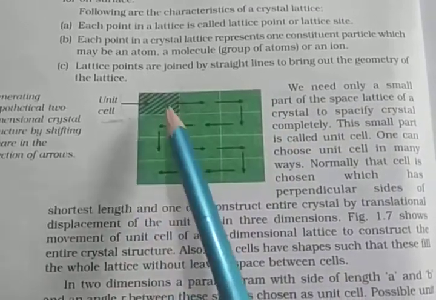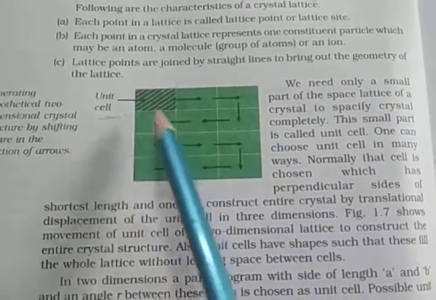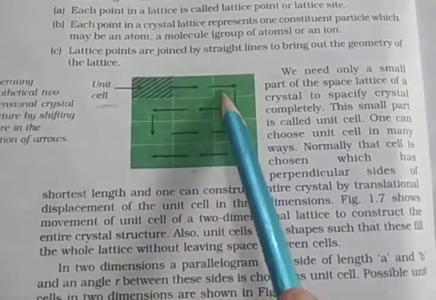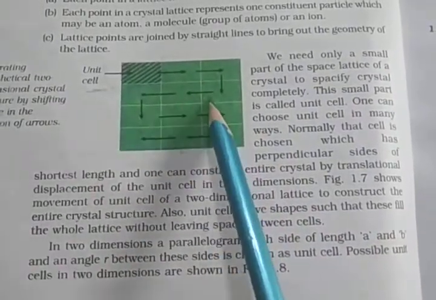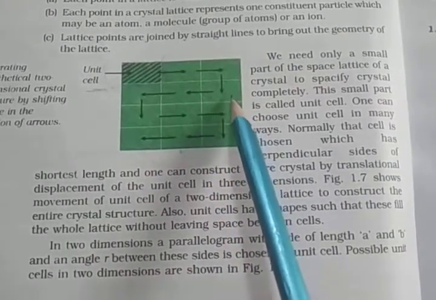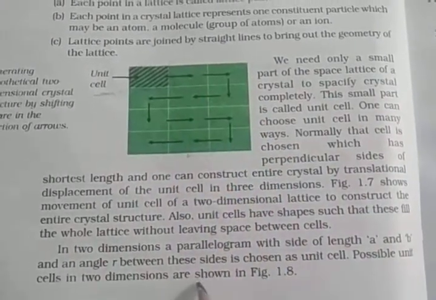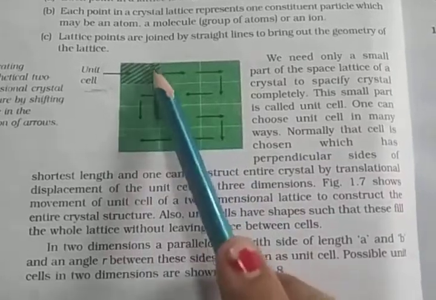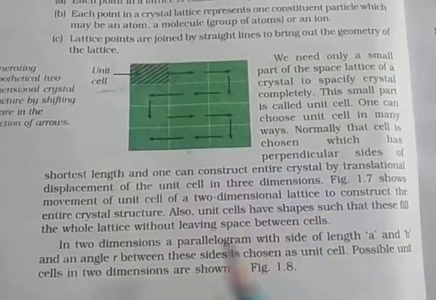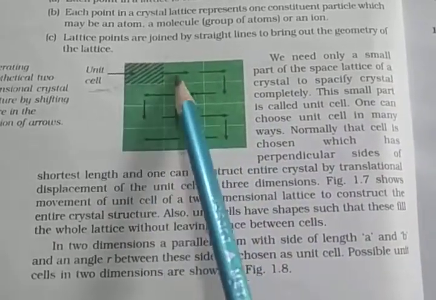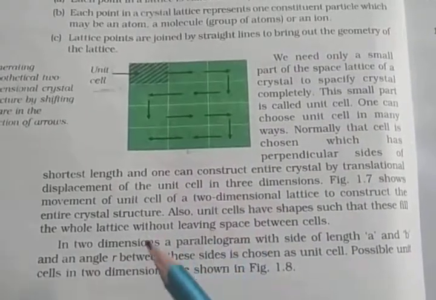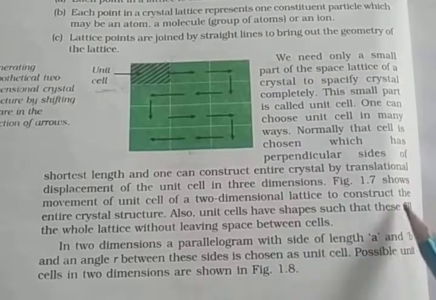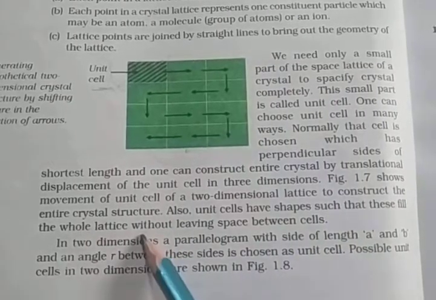The cell chosen is the one which has perpendicular sides of the shortest length, and then one can construct the entire crystal by translational displacement of the unit cell in 3D. So we only have to identify one unit cell, and draw this unit cell in three dimensions, to construct the entire crystal structure.